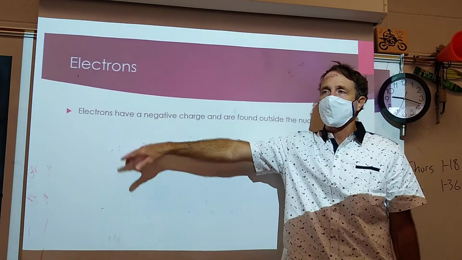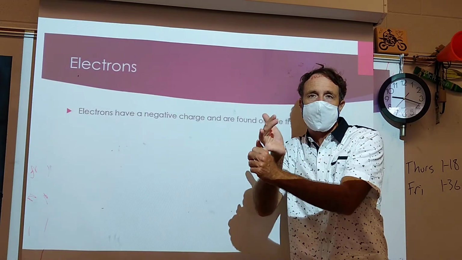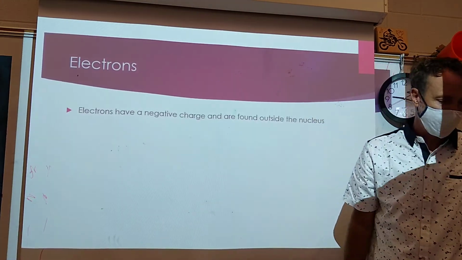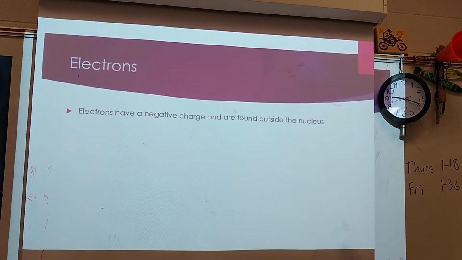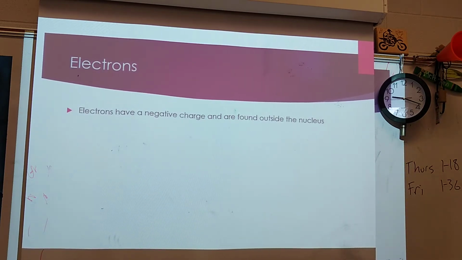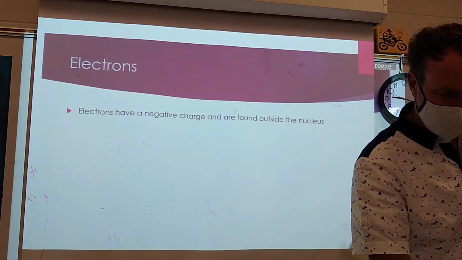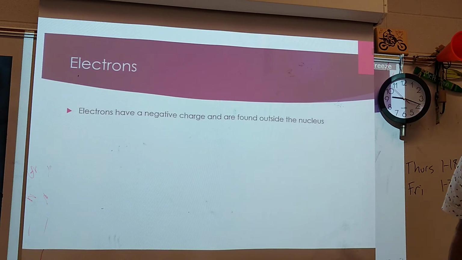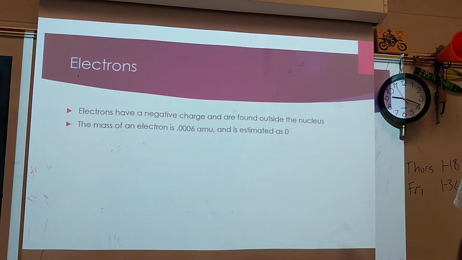All right, electrons, this is our last particle. So we talk about protons, neutrons, and the last particle we're going to talk about right here is an electron. Electrons have a negative charge. They're found outside the nucleus. And they basically are super, super light.